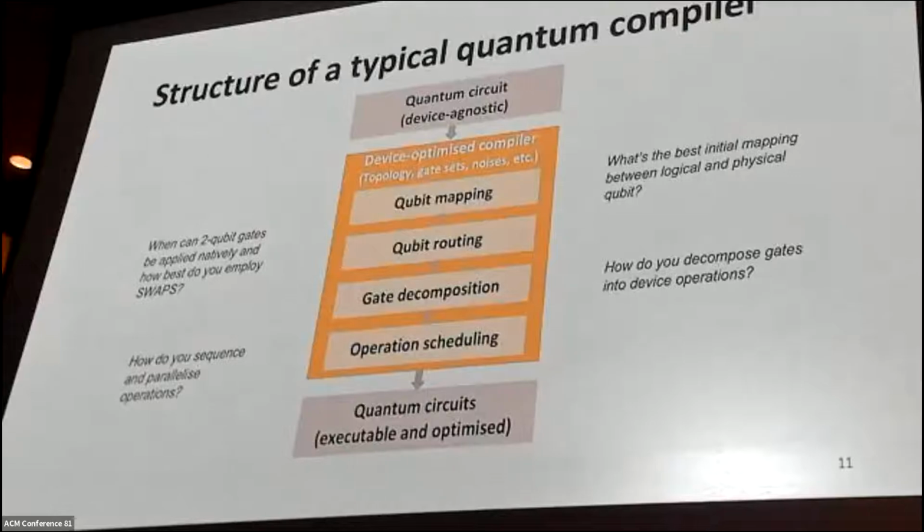How are they going to apply swap gates in order to realize 2 qubit gates between qubits which are not directly connected on the device? Also, they need to perform some gate decomposition step where they transform the general unitaries in the computation into the specific unitaries that can be realized on the chip. And then there's a question of scheduling. How can you parallelize the operations, and what order should you implement them?